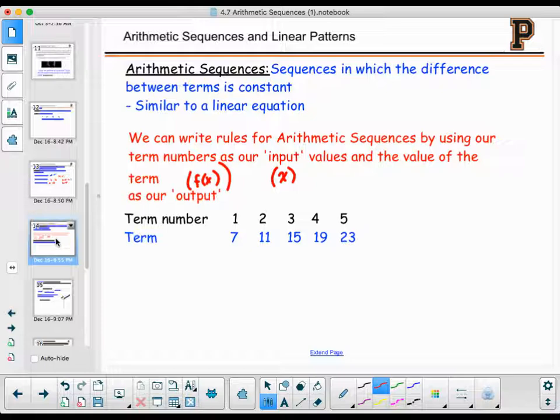So with this particular sequence, the term number 1 is like an x value of 1. The value of the term is like our f of x. And what we'll try and do is write rules that allow us to extend and make predictions based on the numbers we see in the term.